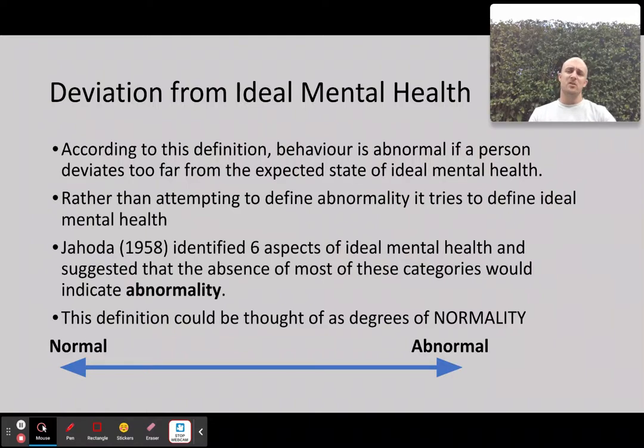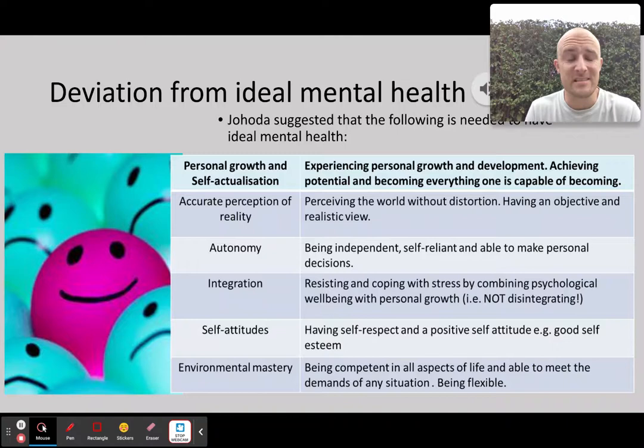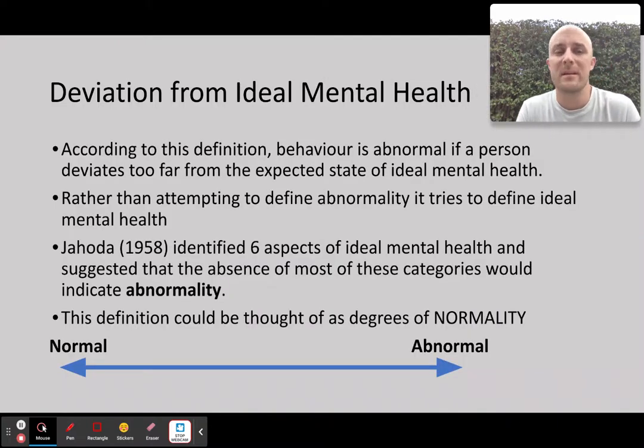Now, these next two I want to go into are a little bit different. What they basically have is checklists. So what I want to go through now is deviation from ideal mental health, something a little bit different. Deviation from ideal mental health gives you a checklist of everything you need.